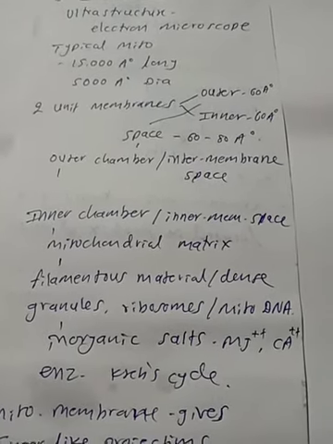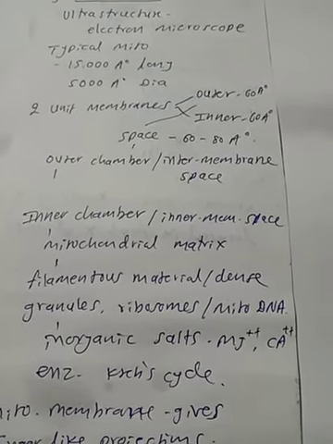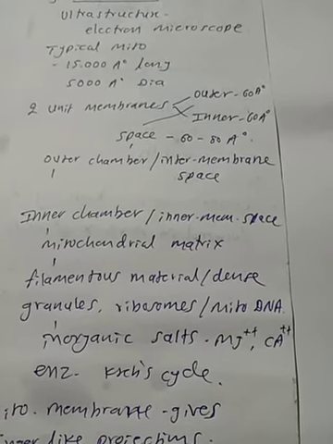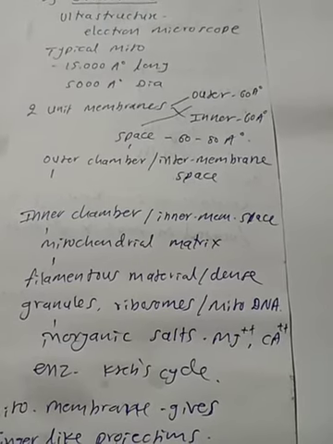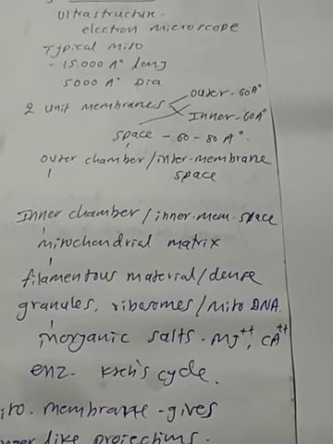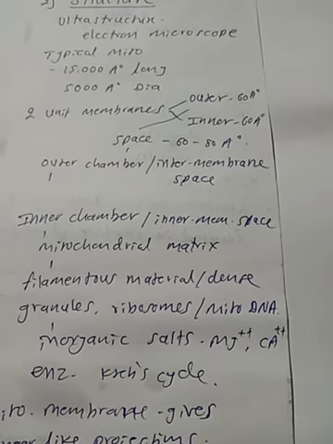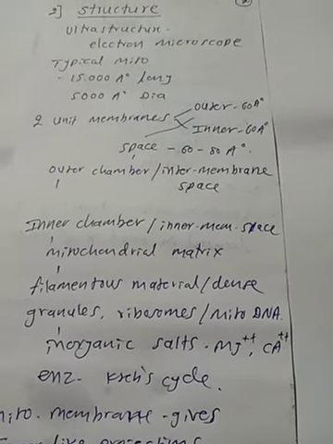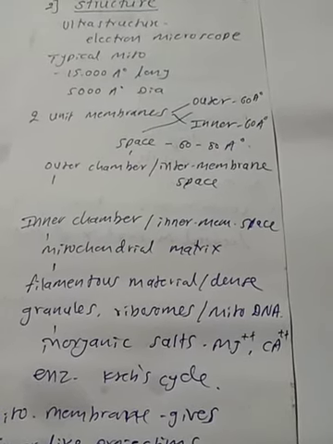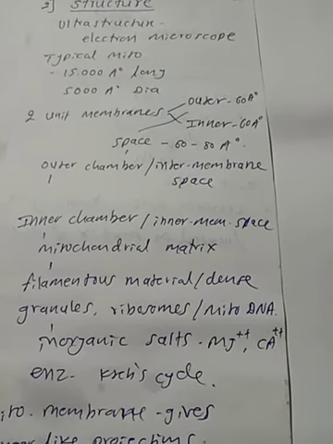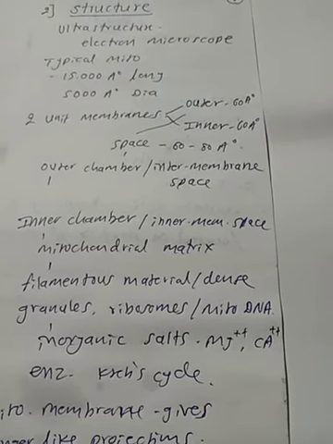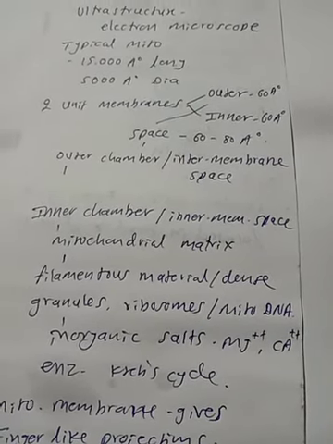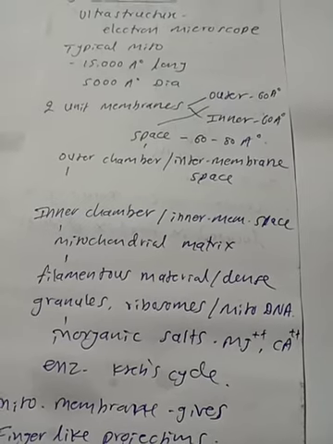The central space of mitochondria, which is bounded by the inner membrane, is called the inner chamber or inner membrane space. The inner chamber is filled with the mitochondrial matrix, which contains filamentous material or dense granules, ribosomes, and mitochondrial DNA.